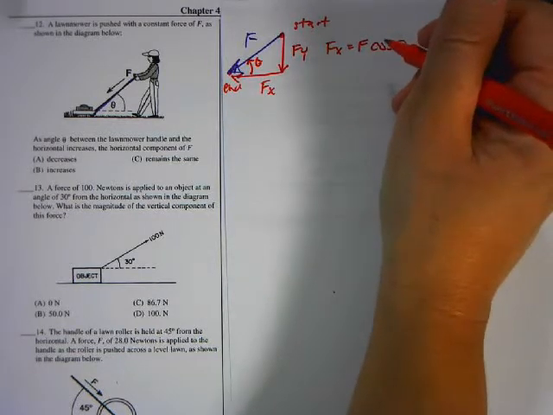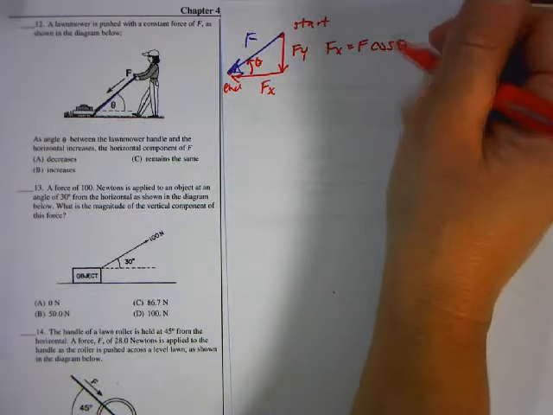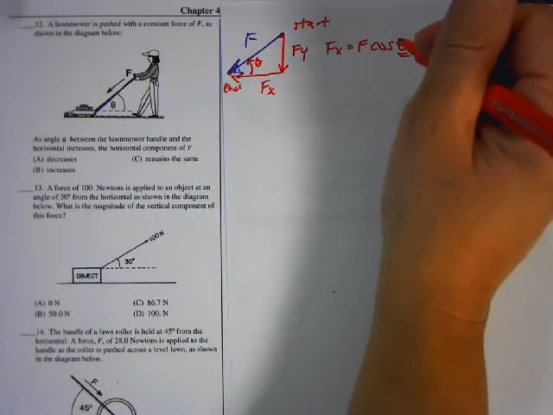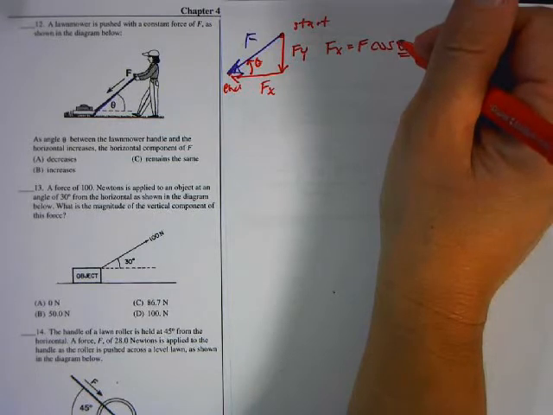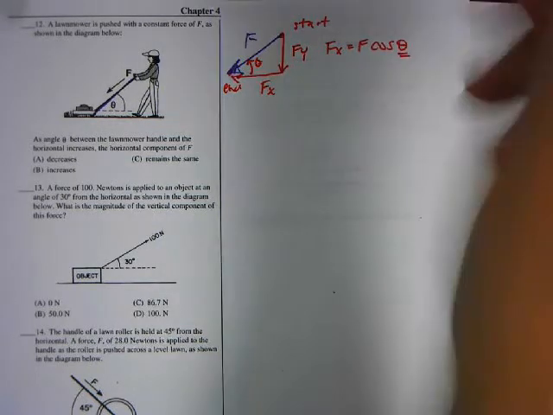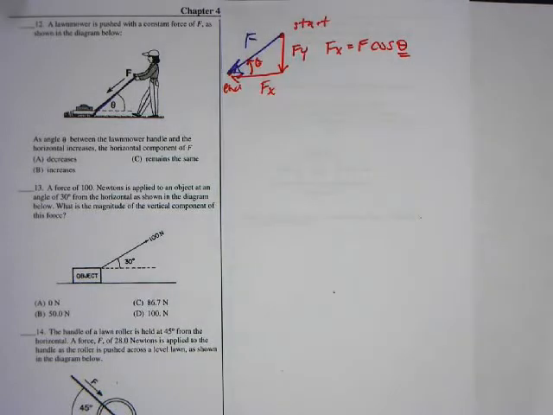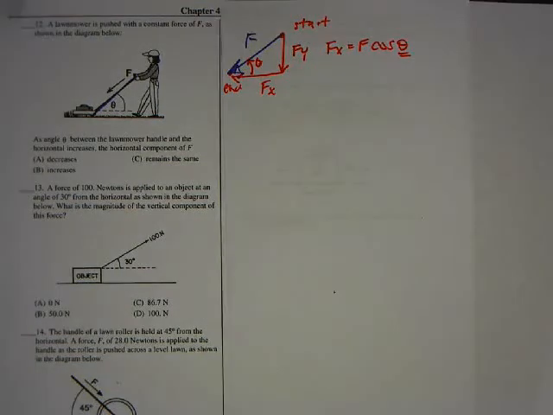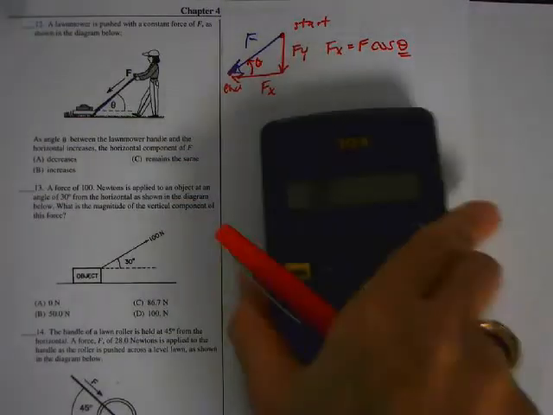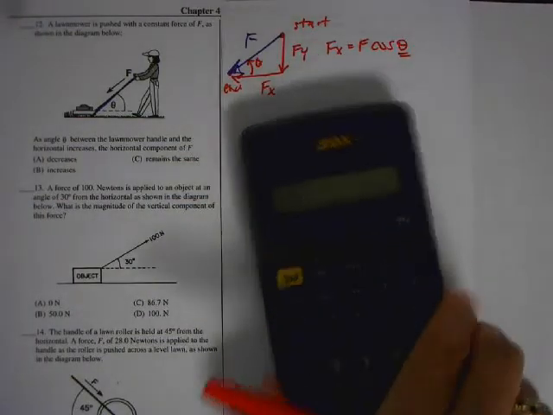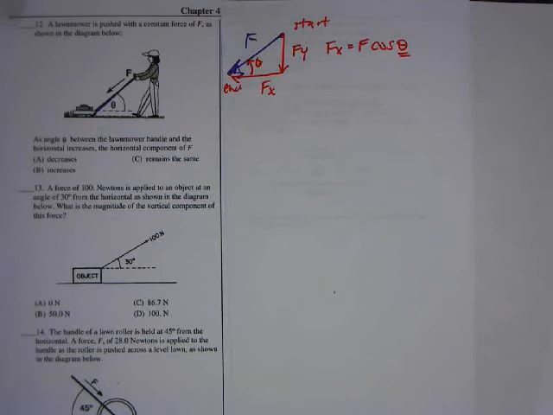So now what I would do is, if you're not sure, just put in pretend numbers twice. It says as angle theta increases. So on your calculator, just pretend and just put in two things like 30 and 60.